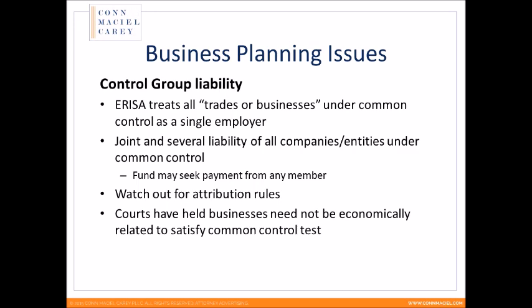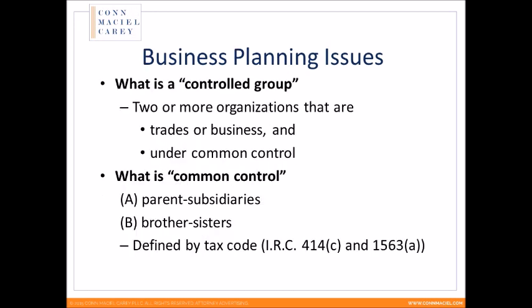There are attribution rules, much like there are in the IRS proceedings or the tax code, that ownership of a business can be attributed to a person who doesn't own it, maybe through spousal relations or minor children, things like that. So watch out for those rules. And we'll talk a little bit more about this, but you'll see courts have held that businesses don't need to be economically related to be within the same rubric of common control.